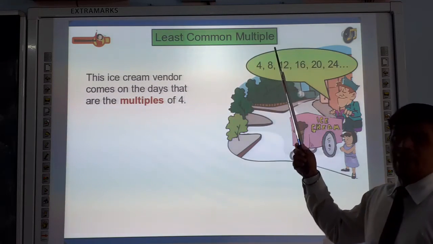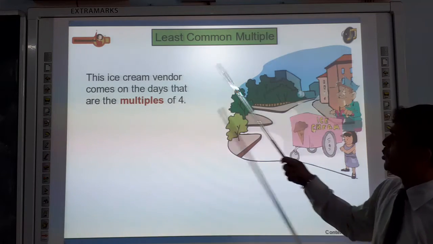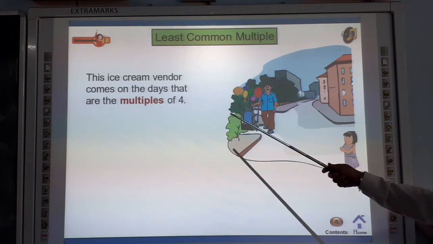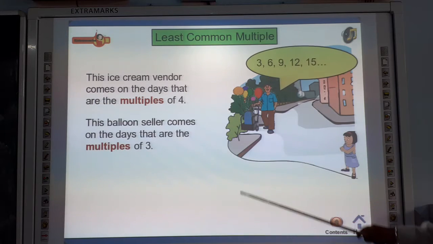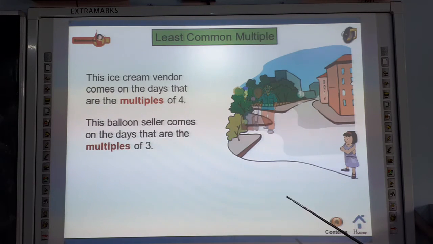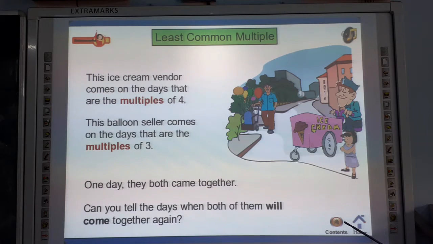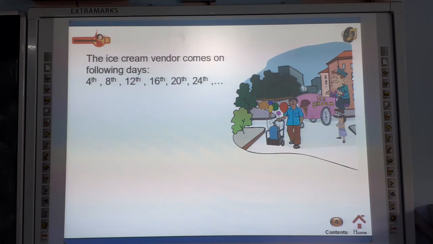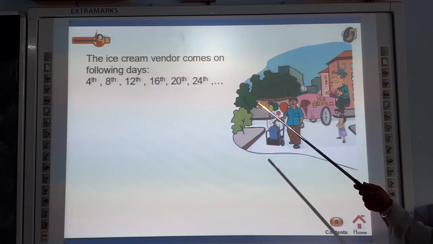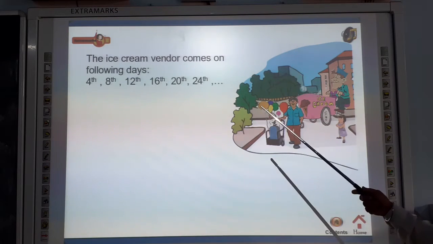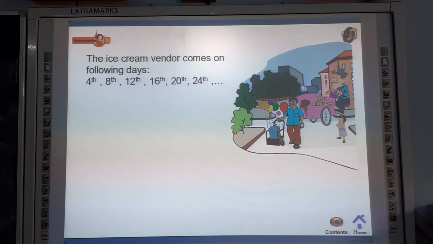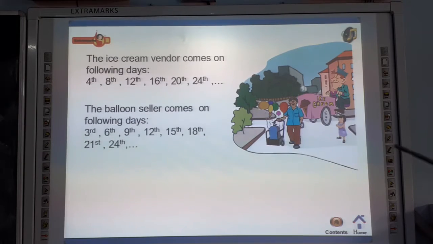Least common multiple, LCM. Look here, show the diagram. The ice cream vendor comes on the following days: 4, 8, 12, 16, 20 and 24. Look at this. Show the diagram.